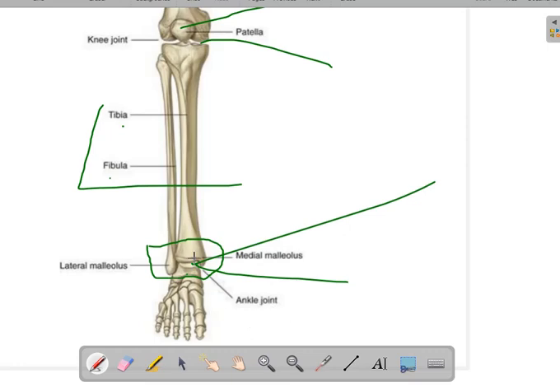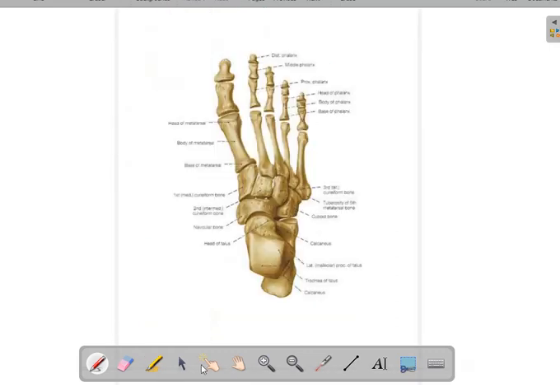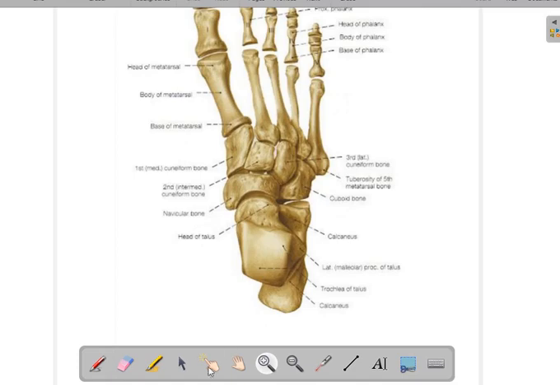And these are the bones of the foot. With regard to the bones of the foot, here is the calcaneus, and this is the talus, which articulates with the lower end of the tibia to form the ankle joint.